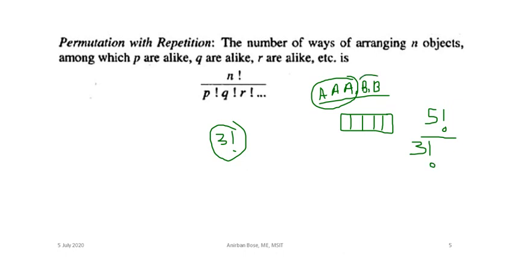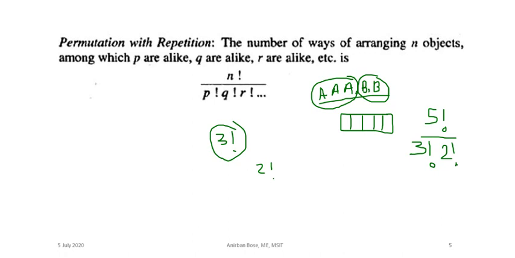Again, 2 b's are there, which means 2 are of another same kind. Among these 2, if they were distinct, there would be 2 factorial ways, but actually they are not distinct, so you have to divide by 2 factorial.